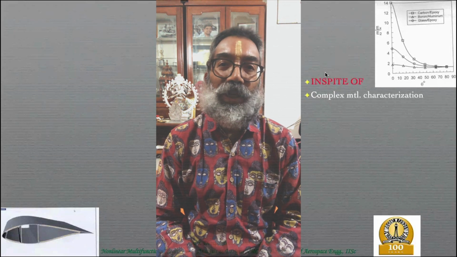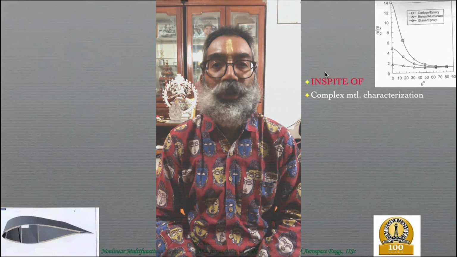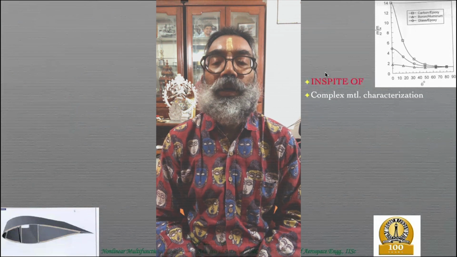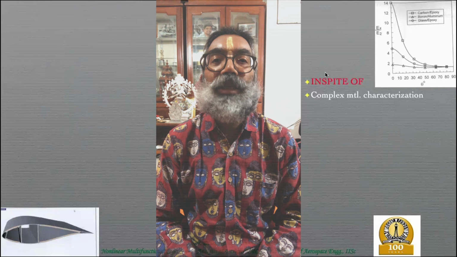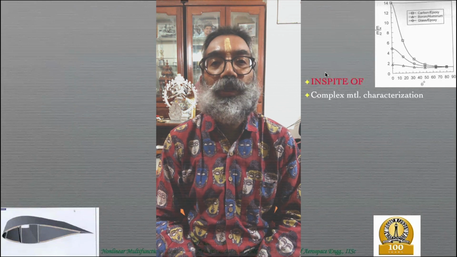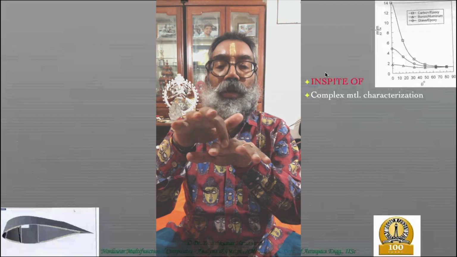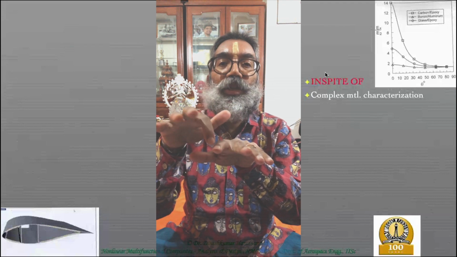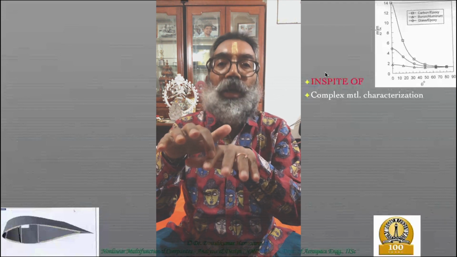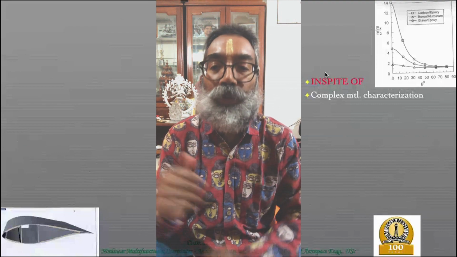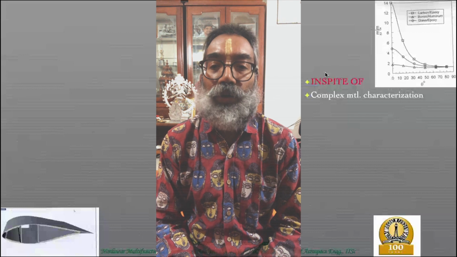The second complexity is because of its non-homogeneity. That is, unlike a metal, even if it is an alloy, point to point the properties remain the same, whereas within a composite, when you're moving from one point to another, you might be at a point which is a matrix, suddenly you move to a point which is a fiber, then obviously the properties are going to be different. So that non-homogeneity has to be taken into consideration as well.